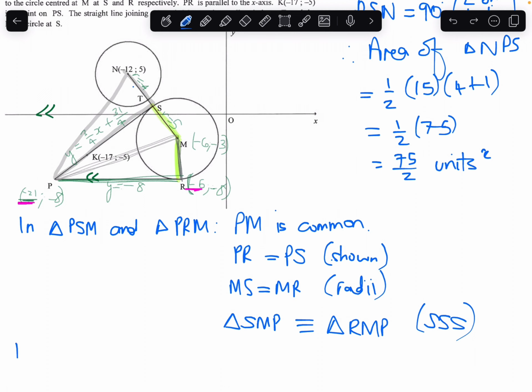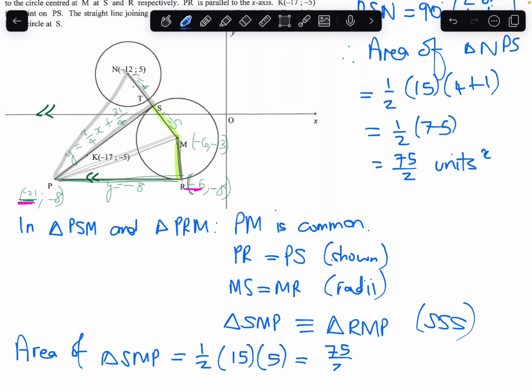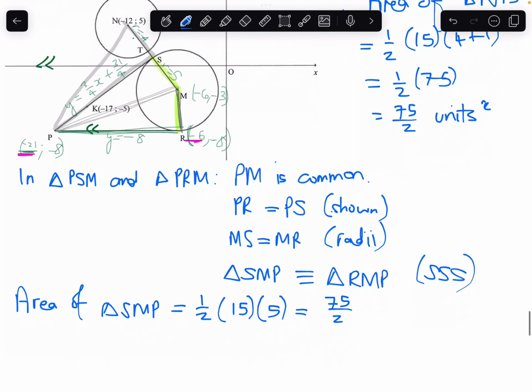Okay, so the area of triangle SMP is equal to a half times the base, which is 15 units long, times the radius, which is 5 units. So that is 75 over 2. Okay, and we know that the area of triangle RMP is going to be the same because of the congruency of these two triangles.